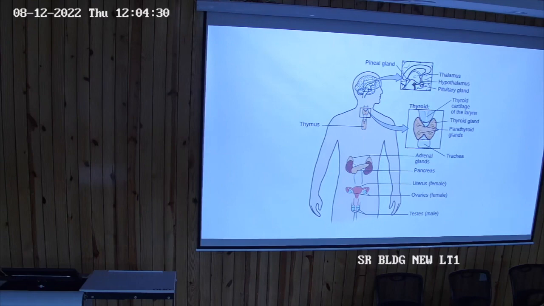So don't be confused that the hormone does not come into the bloodstream. Definitely it comes into the bloodstream, but only on requirement. So you can also say that the thyroid gland, after producing the hormone, stores the hormone in itself.